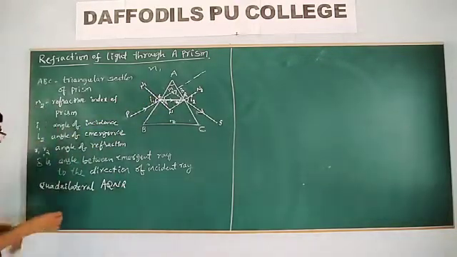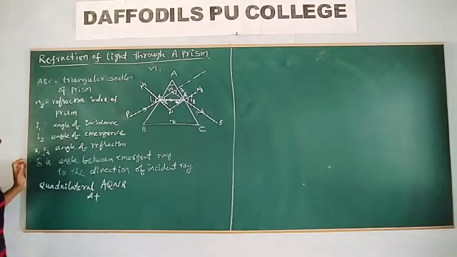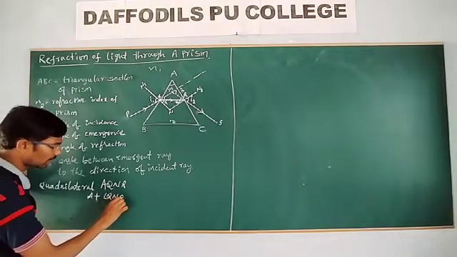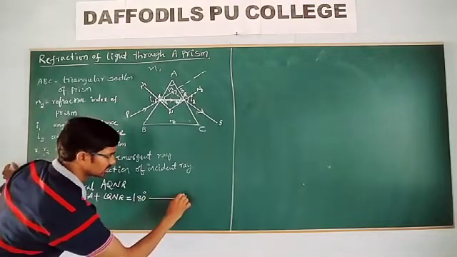So let me write here: A plus angle QNR is equal to 180 degrees. Let me take it as the first equation.